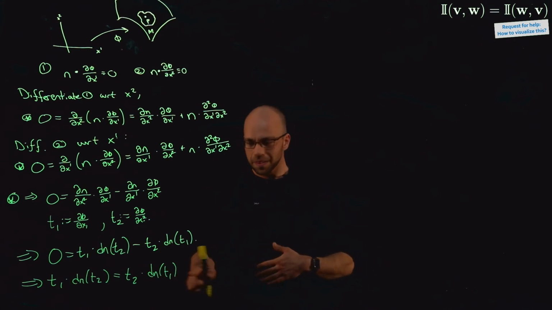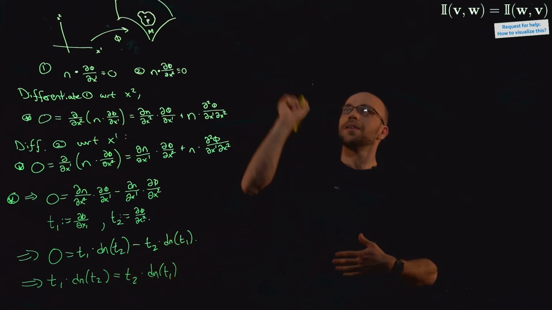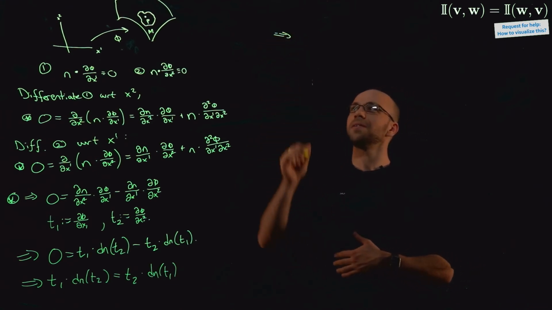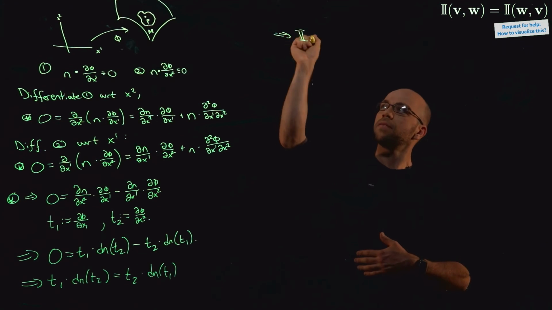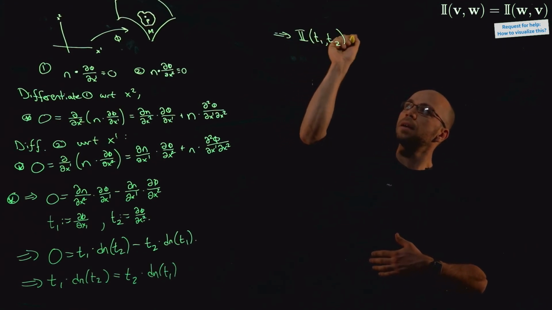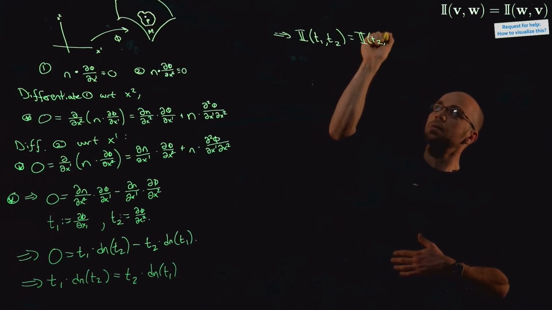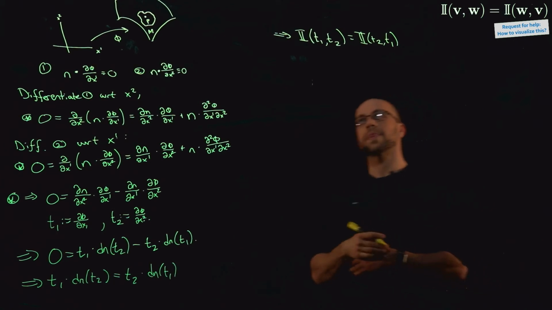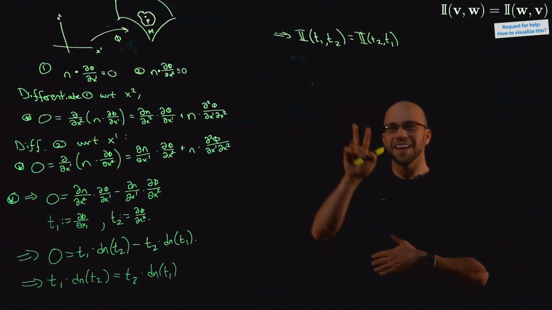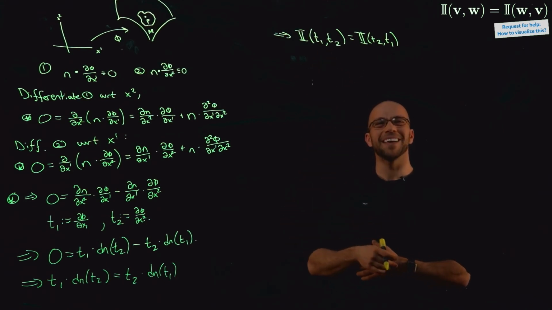So in particular, by multiplying both sides by -1 here, essentially what we've shown is that the second fundamental form of t1, t2 is equal to the second fundamental form of t2, t1. Now, it's also obviously true that if I put in the same thing twice, I can swap the order because they're the same, right?